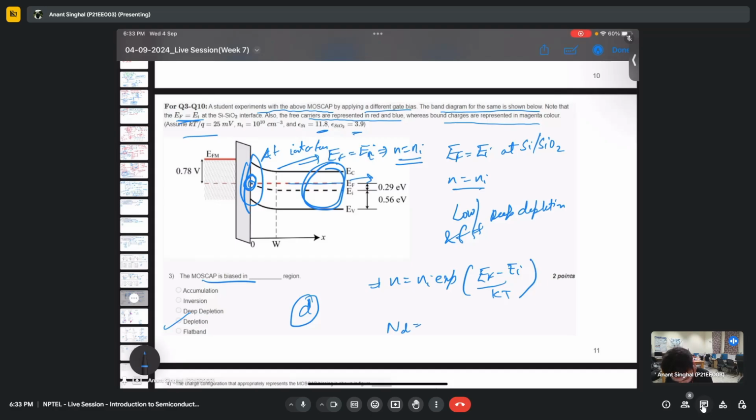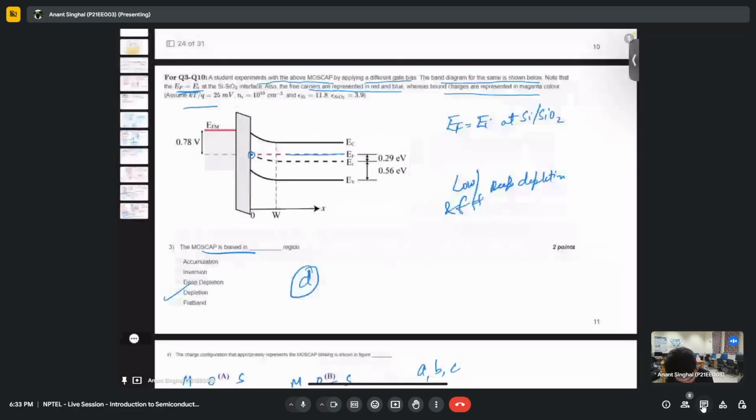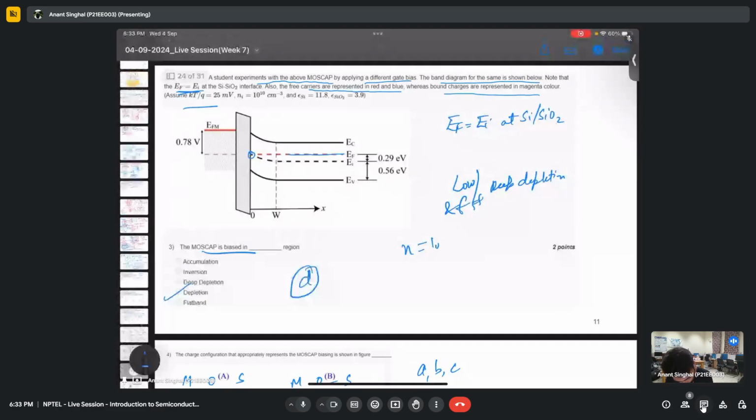Ni is 10 raised to 10, times exponential of EF minus EI, which is given as 0.29, over 0.025. So it will come out to be something. This will be ND, and at the interface n will be equal to Ni, which is given as 10 raised to 10 per centimeter cube in the question itself.